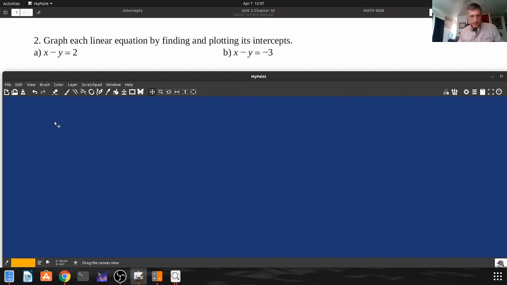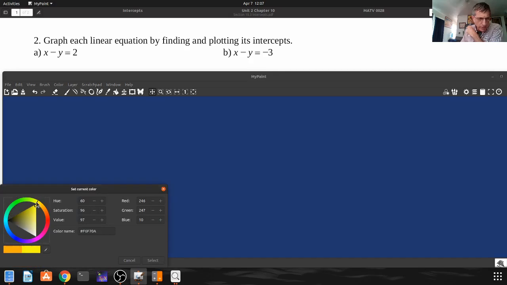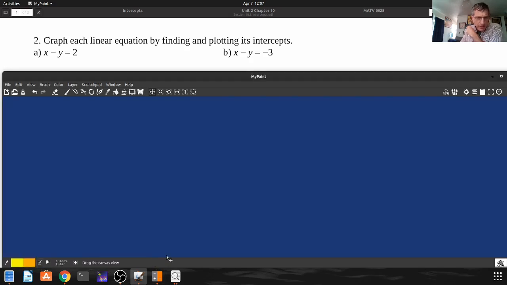So here is what I told you yesterday, and we actually did this example yesterday, or whenever you last watched this video. We're given the equation x minus y is equal to 2. And we want to plot by finding the intercepts.